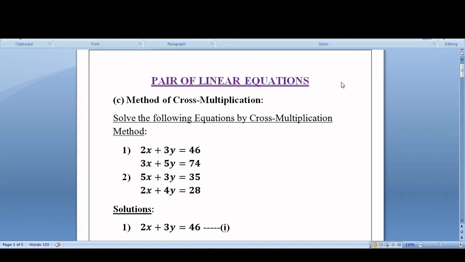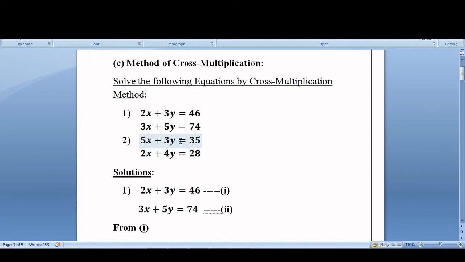Now, we have two problems over here and we have to solve them by using the cross multiplication method. At first, you can see the two equations. It's 2x plus 3y equals 46 and 3x plus 5y equals 74. We have already marked them as equation 1 and equation 2.